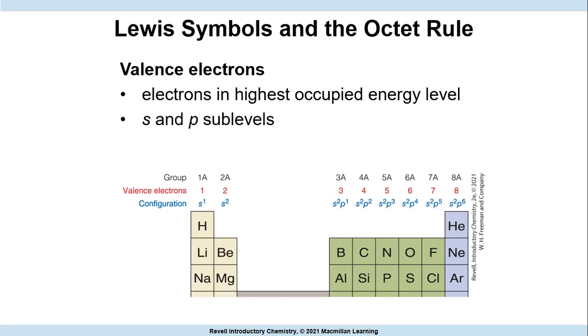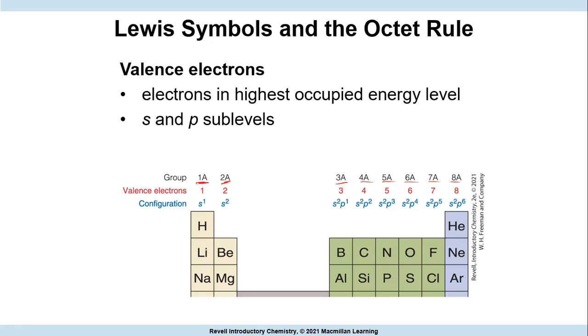Now, we are going to be looking at the main group elements here, and for the main group elements we are looking at group 1A, 2A, 3A, 4A, 5A, 6A, 7A, and 8A. They are also called groups 1, 2, 13, 14, 15, 16, 17, and 18.